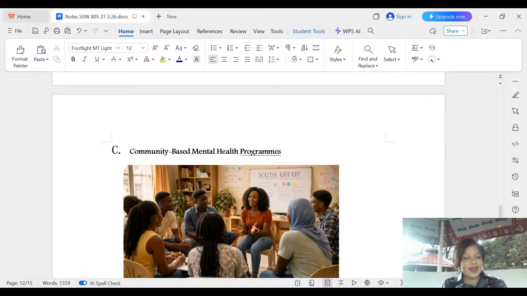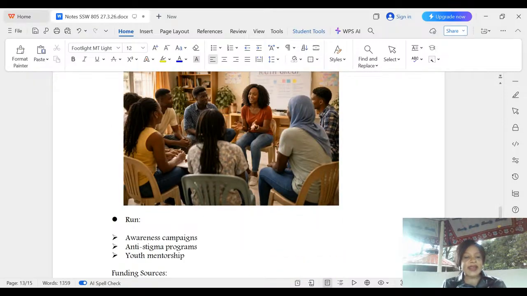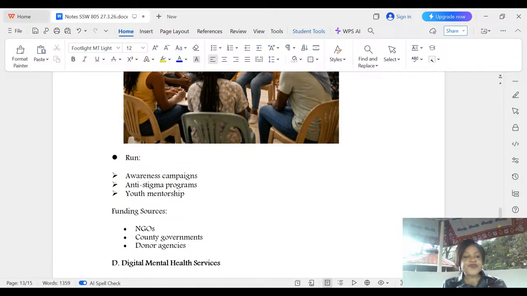Again, still on consultancy and self-employment, you can work in community-based mental health programs. You can run awareness campaigns with communities, anti-stigma programs, mentorship of youths. Like I already shared, the youth require a lot of mentoring and guidance due to the mental challenges that they are going through.